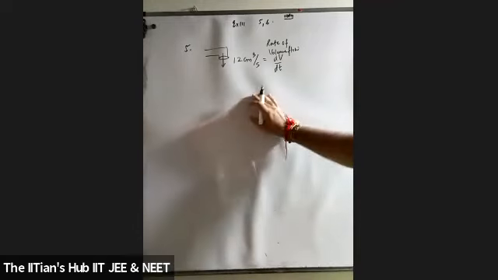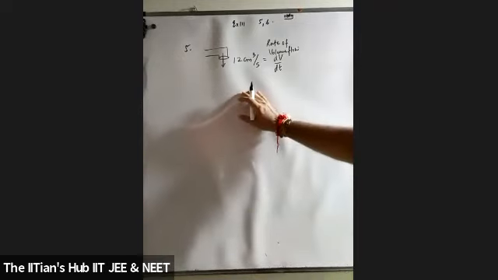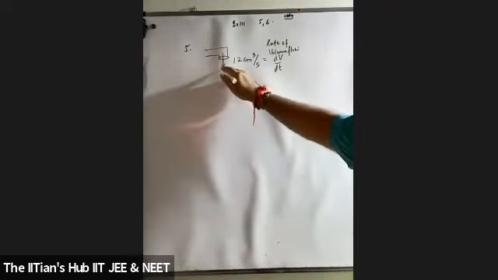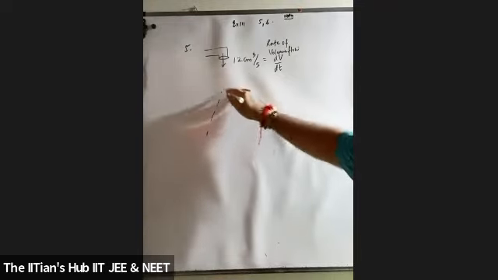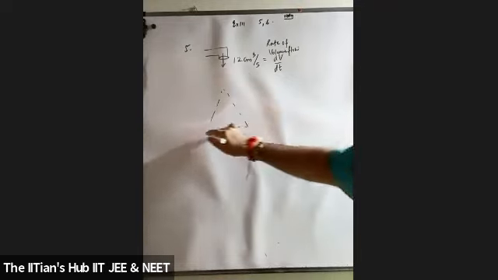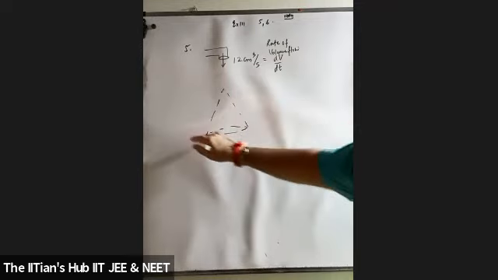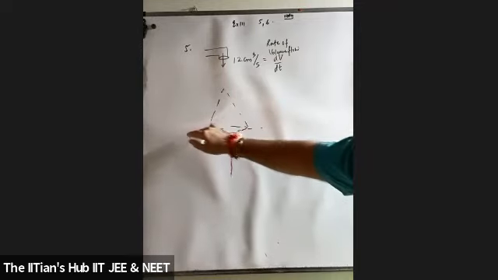dV by dt. Okay. Now, sand is pouring from a pipe at the rate of 12 centimeter cube per second, students. The falling sand forms a cone onto the ground. This particular sand which is falling is forming a kind of cone. It's forming a cone onto the ground, we consider. This is the ground surface I'll consider.